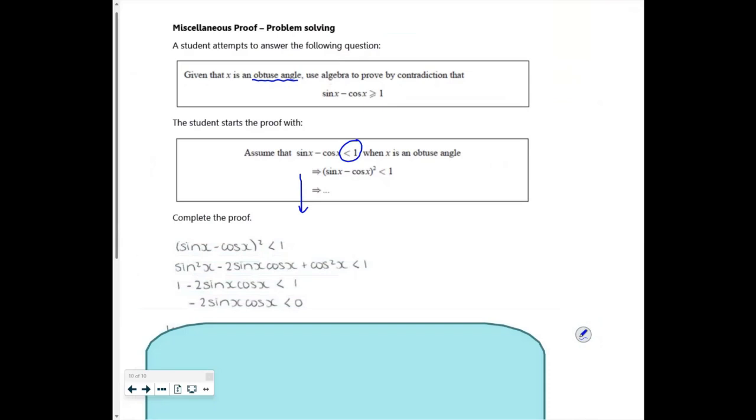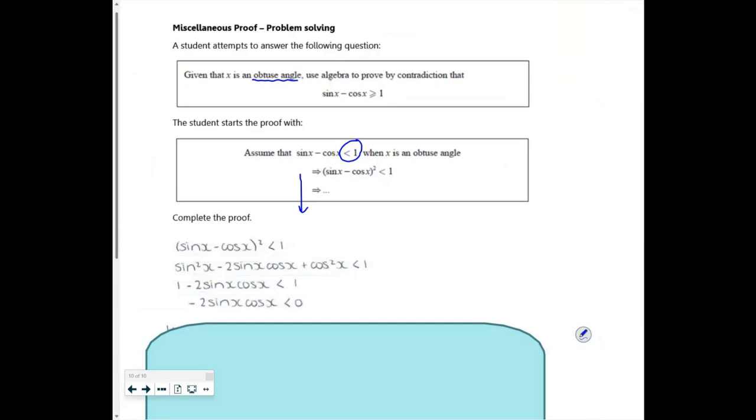Right, okay. So let's have a think about from last year. We know if it's obtuse, that sine is greater than 0 and cos is less than 0.